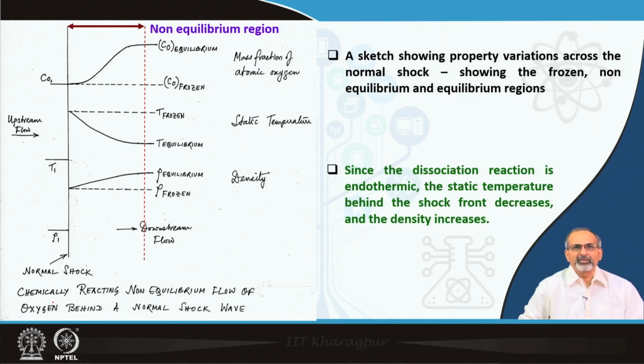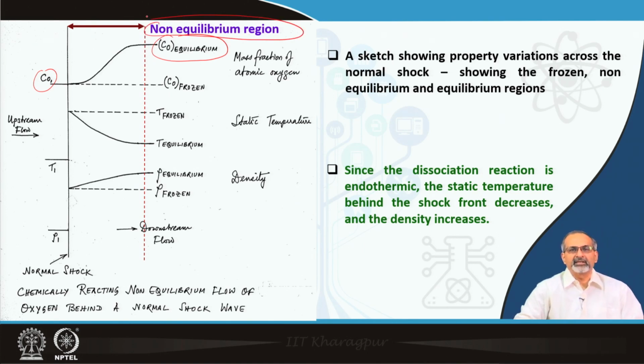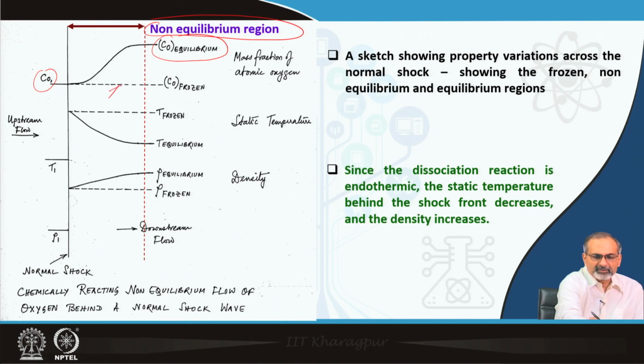In a pictorial representation, this is how it changes from a 0 value for the atomic oxygen mass fraction to an equilibrium value through a changing mass fraction region, which we are calling the non-equilibrium region. The double arrow region shows the region over which the change really happens. The dashed line shows the frozen level.